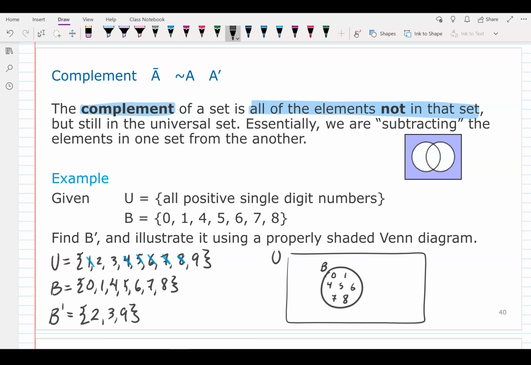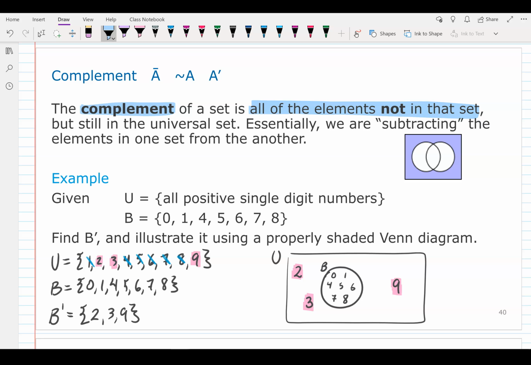Well, I didn't use the number 2, I didn't use the number 3, and I didn't use the number 9. Okay, 2, 3, and 9 are the only numbers that have not been used. They are all the numbers that are not B, or in other words, the complement of B.